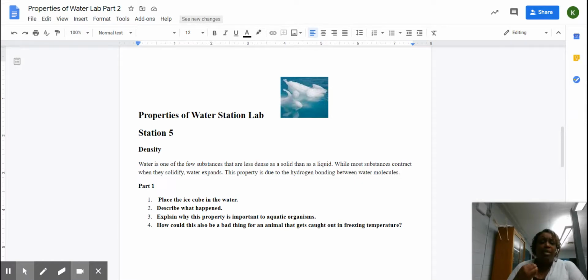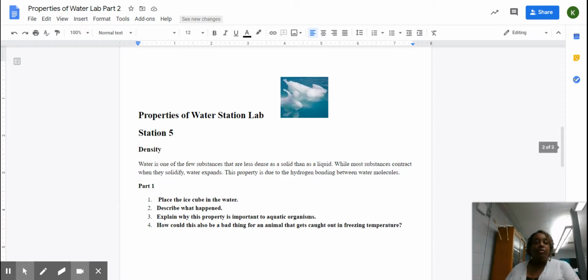Why would it be important for it to only have ice on the top and not for water to freeze from the bottom going up? So really, really think about that. Imagine you're a little fish swimming in the pond or in a lake, and you have to rely on this particular property of water. Why would it be important?